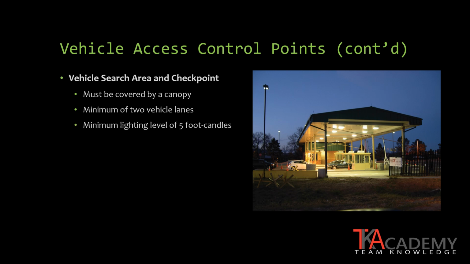The lighting of the vehicle search area is imperative and should be illuminated to a minimum level of 5-foot candles, so that this area can be functional and used at all times of the day or night. There must also be a security overwatch surveillance system, which includes cameras to observe, identify, and record in the event of a security incident.